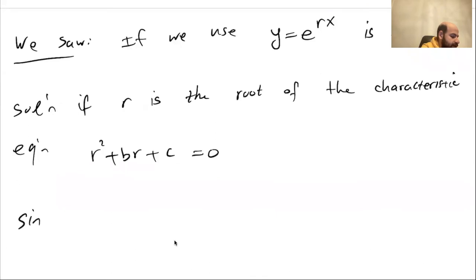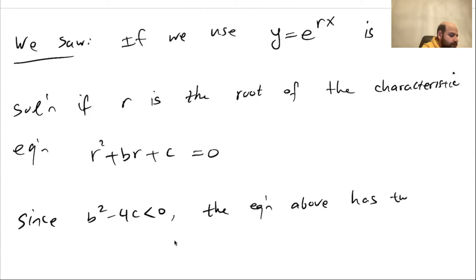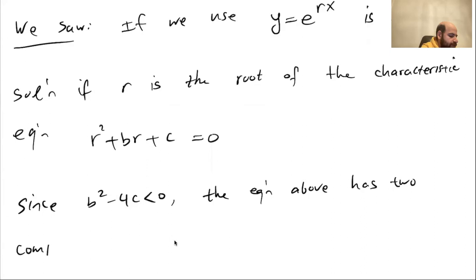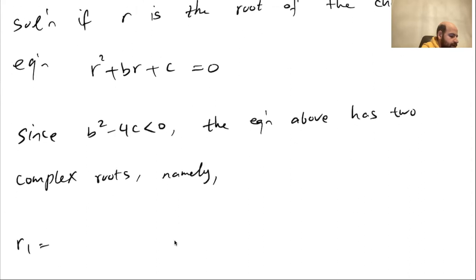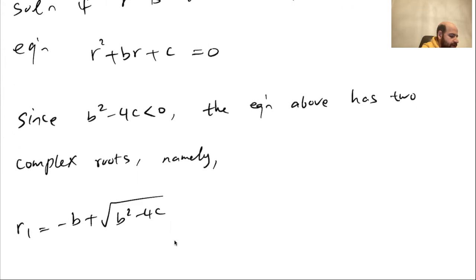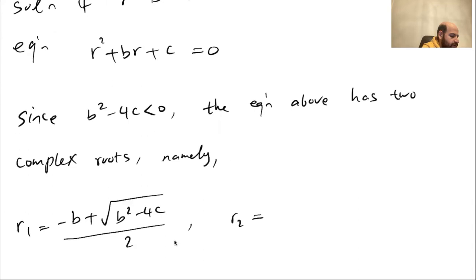Since b squared minus 4c is less than 0, the equation above has two complex roots, namely r1 equals minus b plus root b squared minus 4c divided by 2, and r2 equals minus b minus root b squared minus 4c divided by 2.